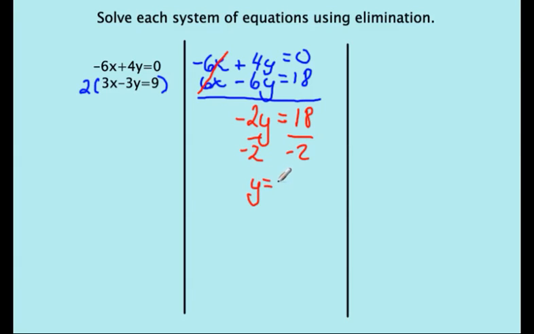Then from here, we can take our y value of negative 9 and plug it into one of the original equations. And really, it wouldn't make any difference which equation we chose. So let's choose the first equation. Negative 6x plus 4y equals 0.